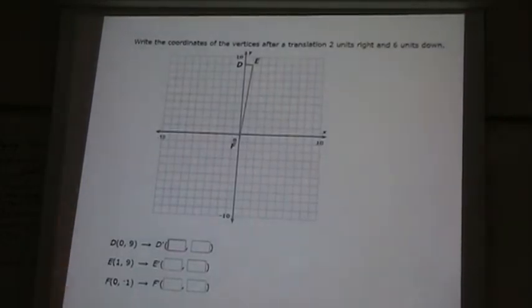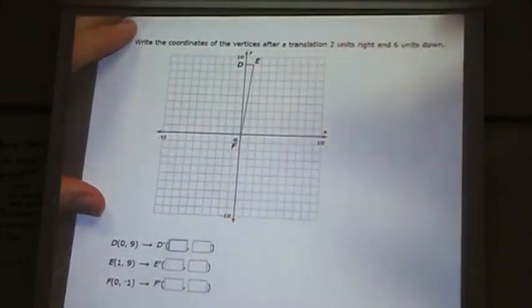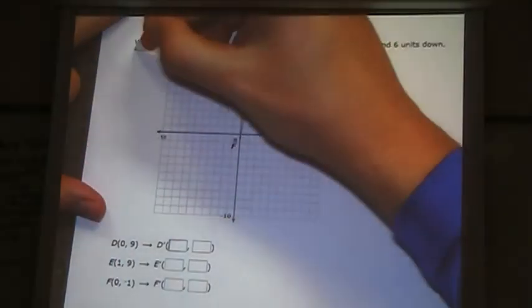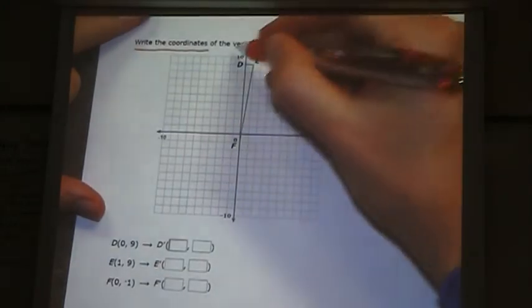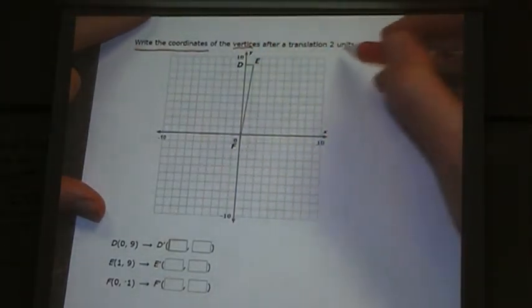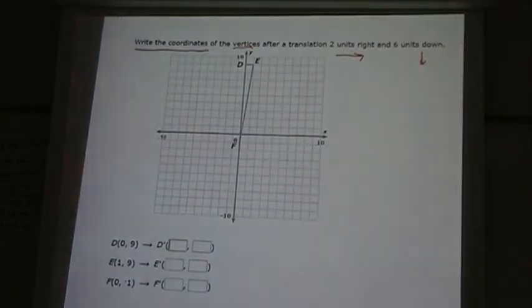Now, I'm going to show you kind of 2 of the other types of problems you're going to see with IXL. This is the same situation, but it asks for the answer in a different format. It says write the coordinates of the vertices. The vertices are the corners, after a translation of 2 units right and 6 units down. So, again, multiple ways to do this.